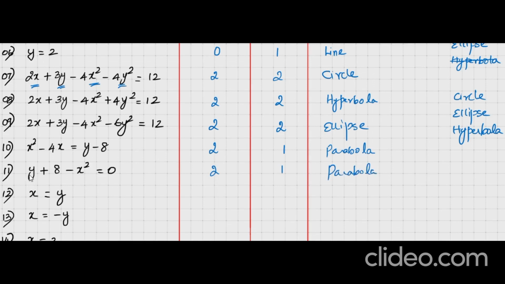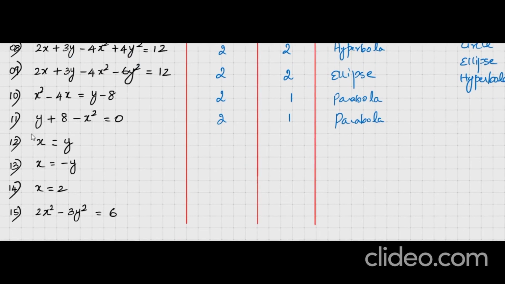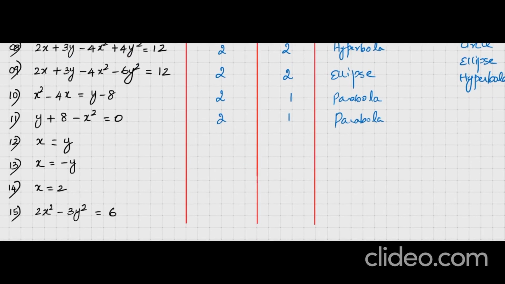Okay. The next one, the degree of x as well as the degree of y is 1. So it represents a line. Here again, in this problem, the degree of x is 1, the degree of y is 0, because the y term is not present there, so it represents a line.